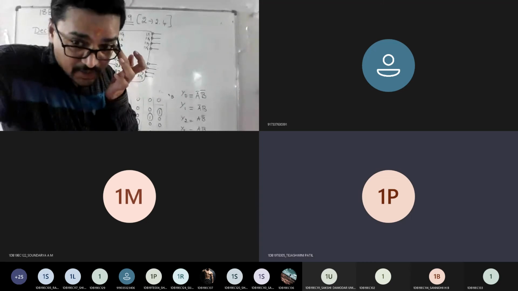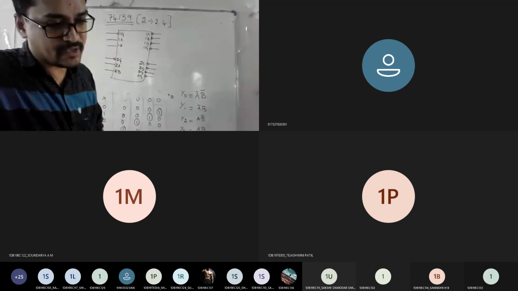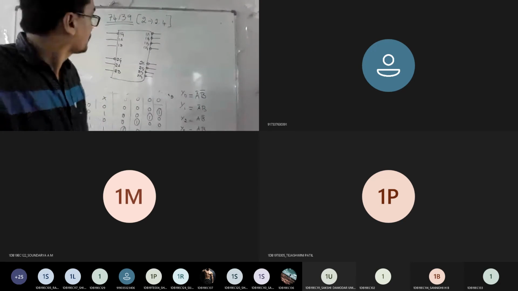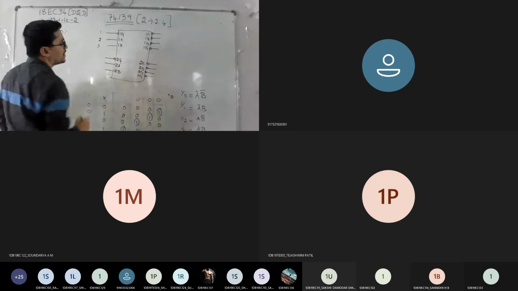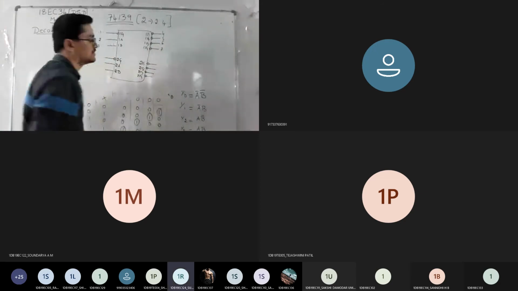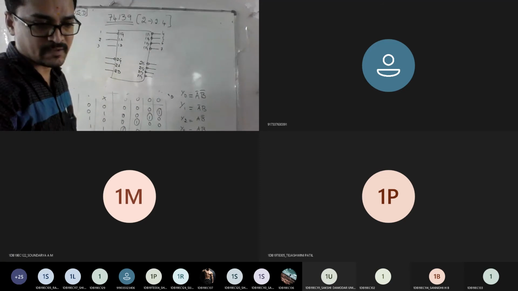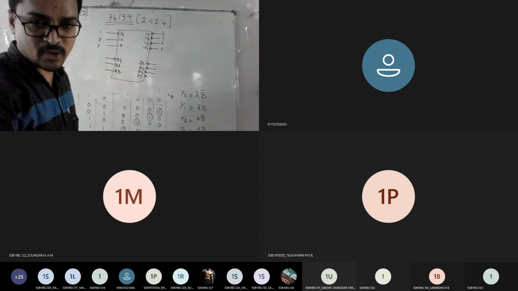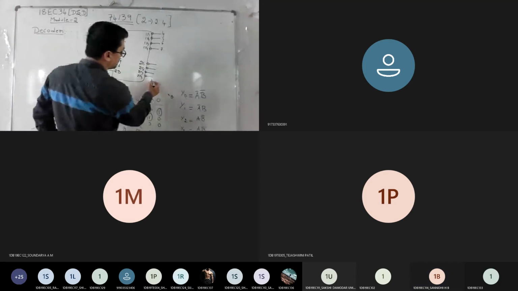Yes, sir. So I told how to write the pin diagram, and how to remember the pin diagram also. Can anyone tell me how I told? Start with 1, 2, 3, then 4, 5, 6, 7. Then where is 8? 8 is no connection, right? Yes, sir. So 8 is no connection, and the left out one is 9.